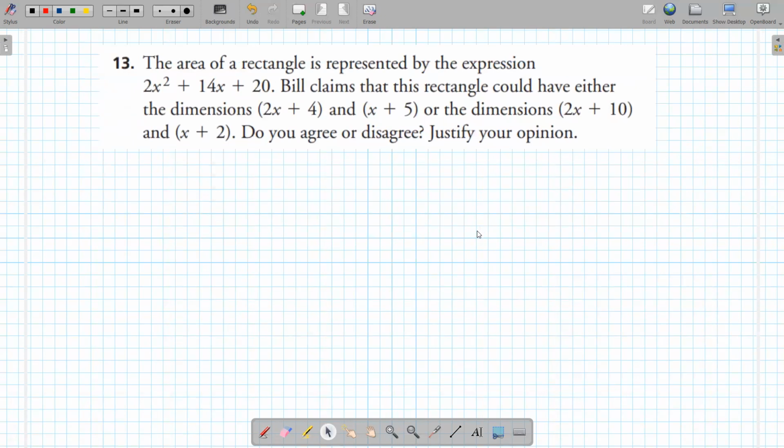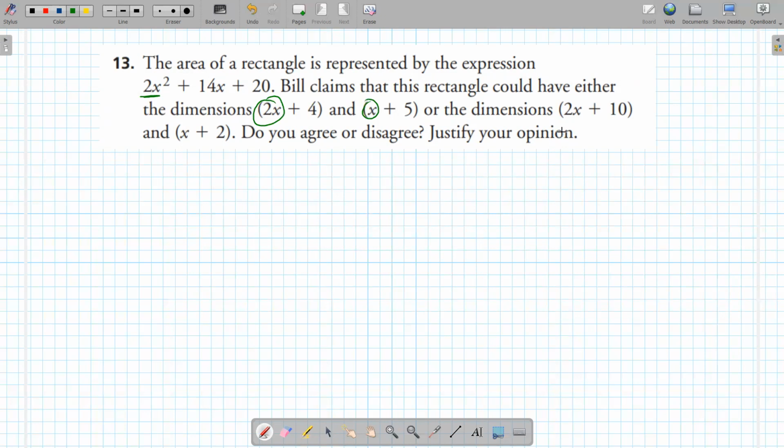Alrighty. So we have the area of a rectangle, and then there's two possibilities Bill is claiming. Either the length and the width is the first two terms, or the length and the width is the next two terms. They could both be possible because, remember, you just multiply the x's.